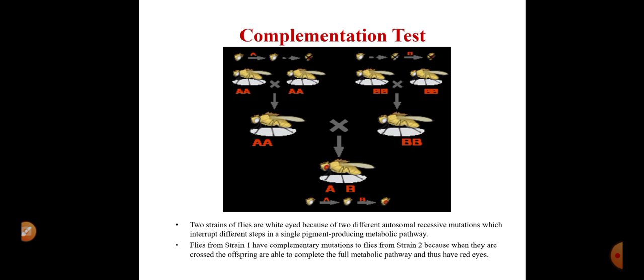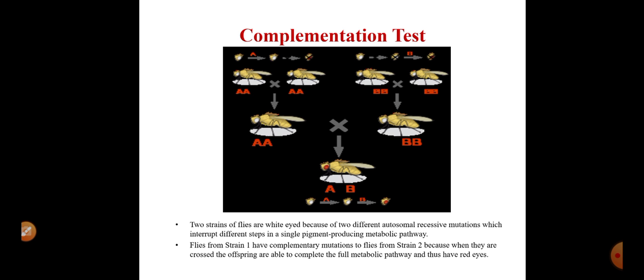This is the third example, of red eye color. I have given the example of pseudo-alleles with respect to eye color in Drosophila, where true strains of flies are white-eyed because of two different autosomal recessive mutations, and there is absence of pigmentation.